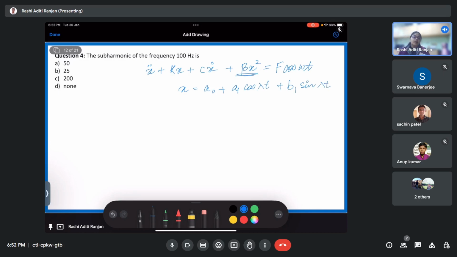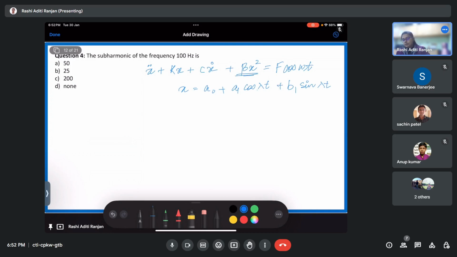I have taken a truncated Fourier series. I can go on like a2 cos of twice lambda t and b2 sine of twice lambda t and so on, but I have taken the truncated Fourier series for illustrating the idea.